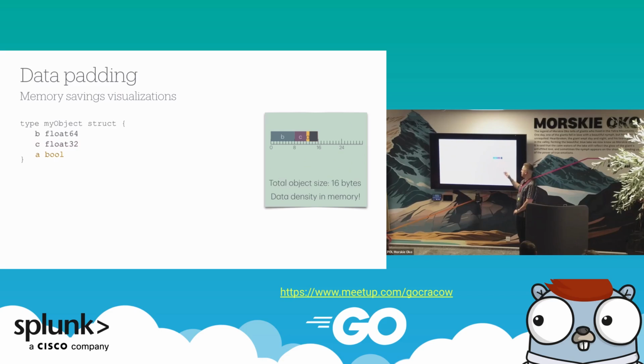We need only 3 at the end. The data density in this case is bigger. So if we have a slice of such elements, we don't lose so much space on empty bytes. So please remember about this data density, at least until the next slide.